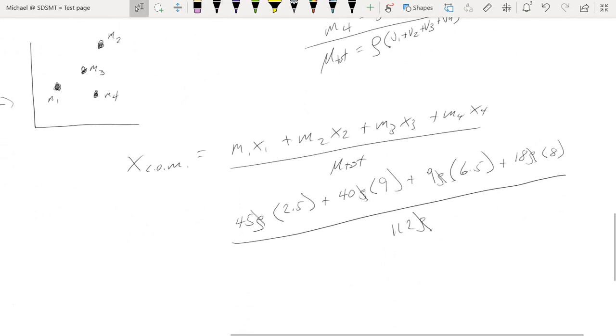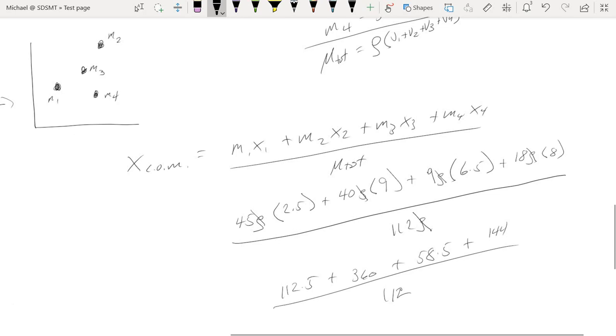Okay, number crunching time. 45 times 2.5, 112.5. We've got 40 times 9, which is 360. We have 9 times 6.5, 58.5. 18 times 8 is 144.